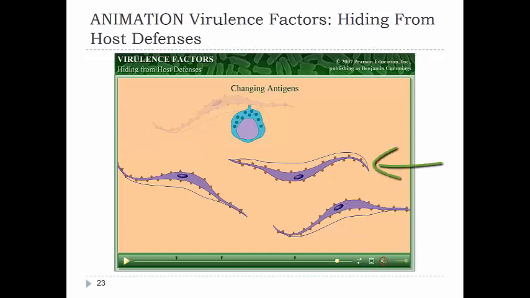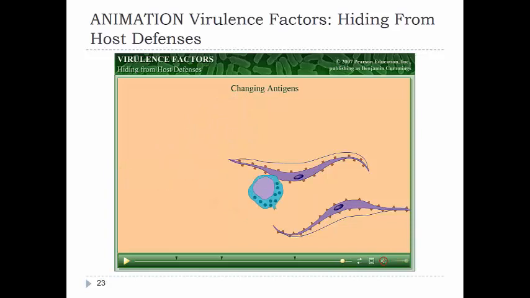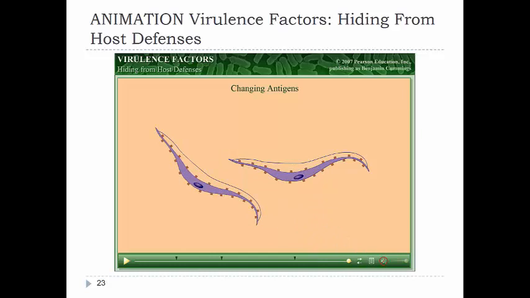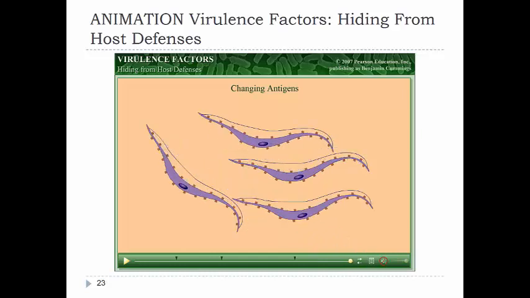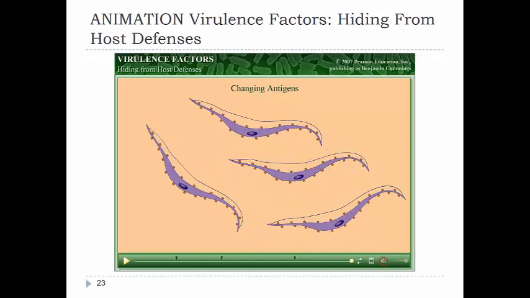So this one will be able to populate, and then when we start recognizing this one, there'll probably be a different one produced. So recognize and destroy, but not that one. It produces offspring, and then those offspring can change their antigens and be able to survive the next wave of assault.